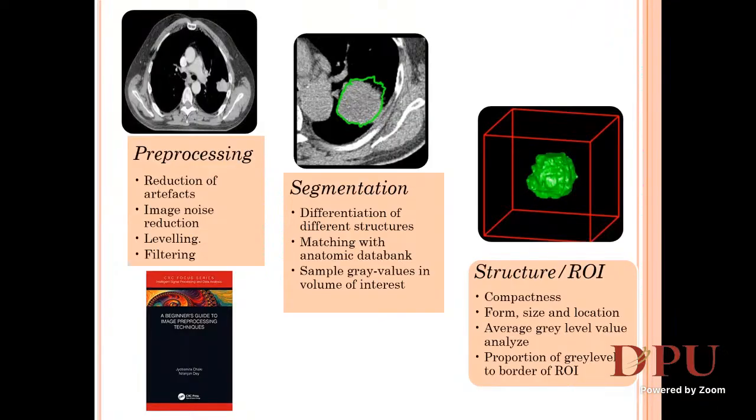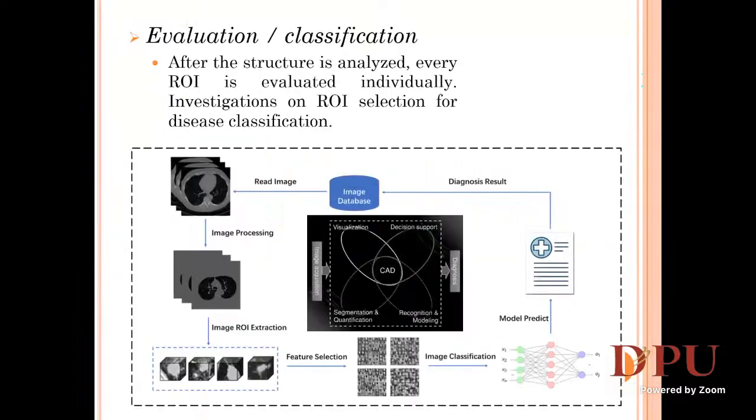We try to separate out that this is my region of interest, ROI, and then we go for finding the structure of the ROI, the compactness, the size, the location, the form, maybe by analyzing different features, etc. And ultimately, once you get the structure of the ROI, then we put it into some classifier, the shallow machine learning period, what I'm talking about before 2012, when we tried to come up with different classifiers. The outcome can be, say, disease or non-disease. Based on that, we try to evaluate.